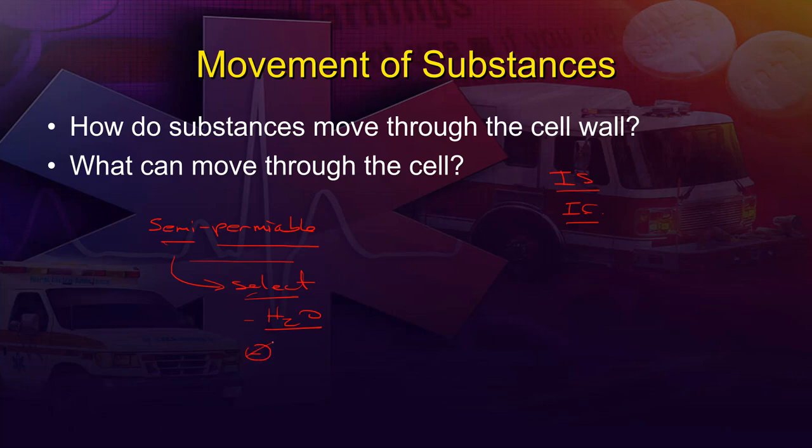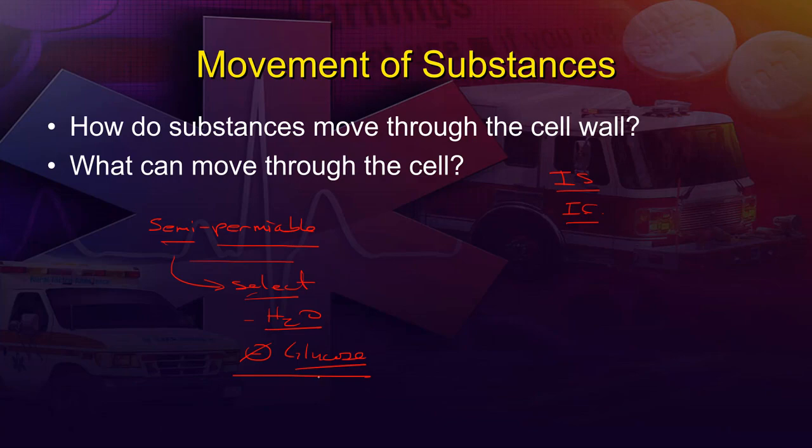What's not allowed, though, are really big molecules like glucose, for instance. And you know this as an EMT, given the idea that glucose requires insulin to open up a channel for glucose to enter a cell that is usually closed.